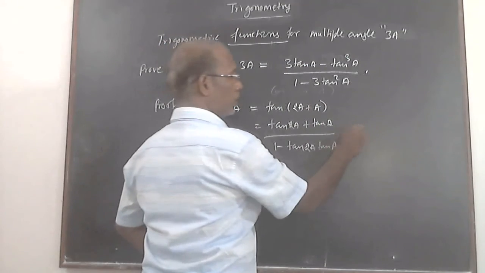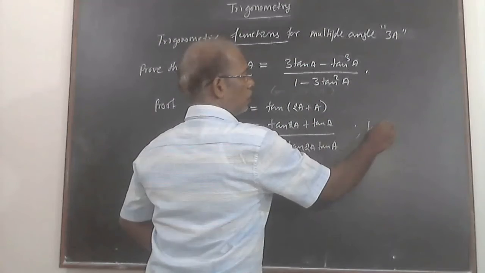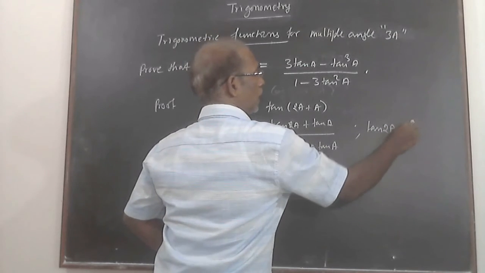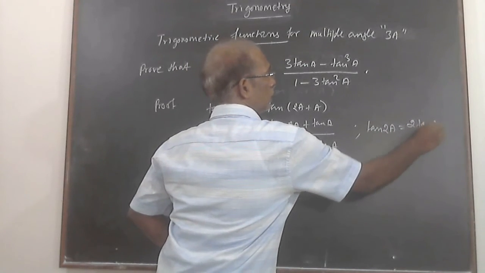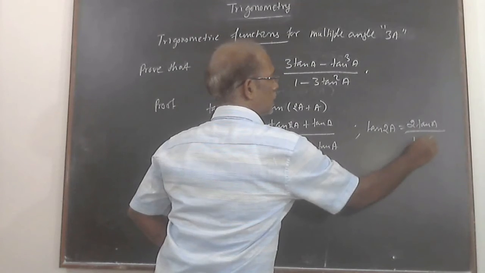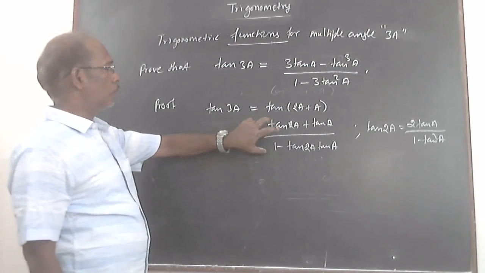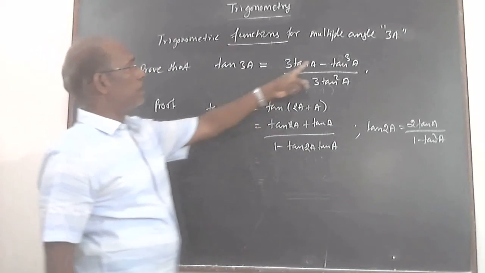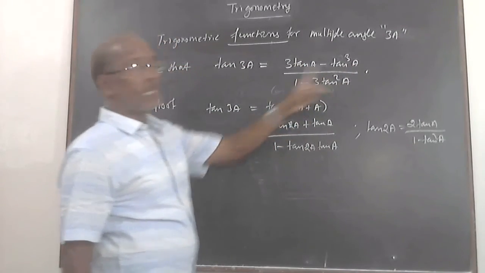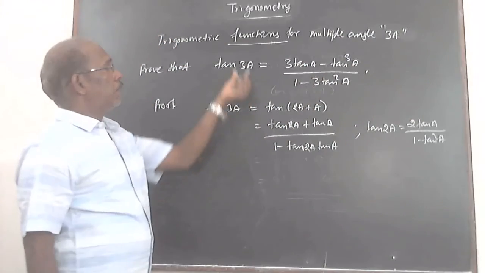And it is known that tan 2A is 2 tan A by 1 minus tan square A. Because we are supposed to get the final result in terms of the basic angle A, not the multiple angle 3A.